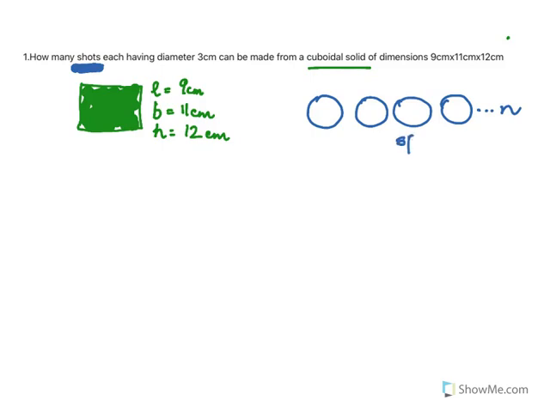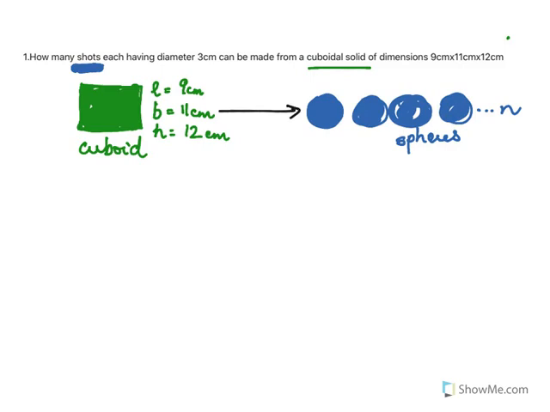So here we have these are the spheres, and here is our cuboid. If this cuboid is now melted and formed into these spheres, so we don't know how many spheres.